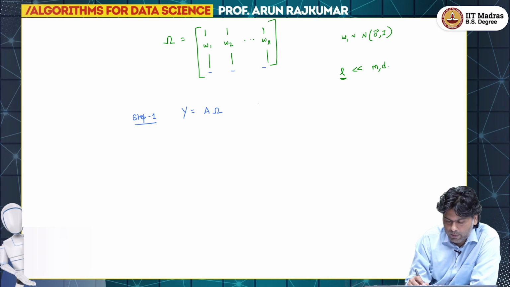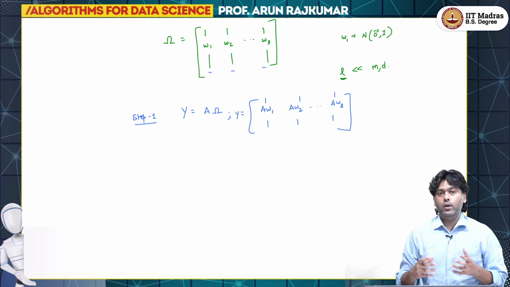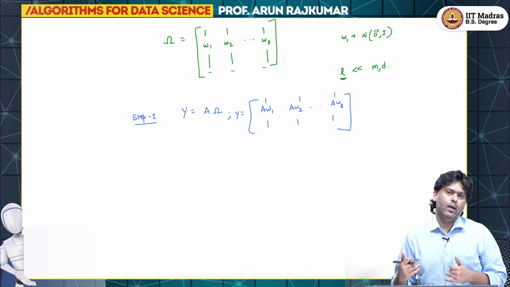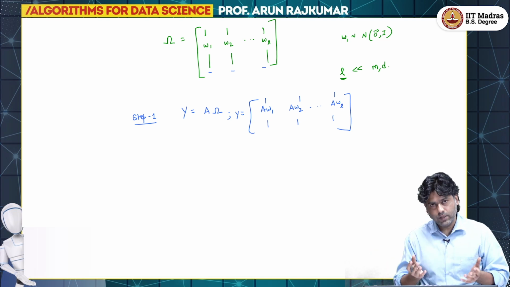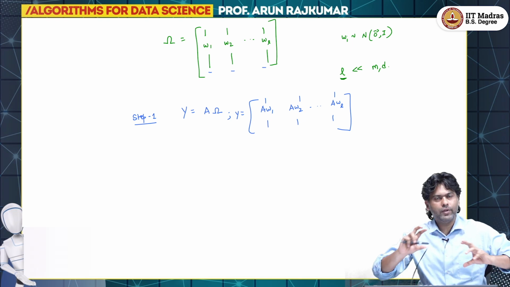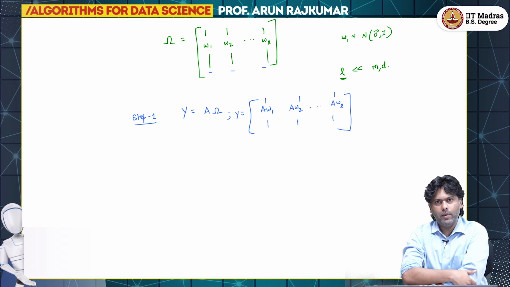So what I get is A omega 1, A omega 2, till A omega L, and these are all columns of Y. Each of A omega 1 till A omega L is Gaussian with 0 mean and covariance A A transpose. That is, it is capturing the directions where the energy of A is predominantly present.